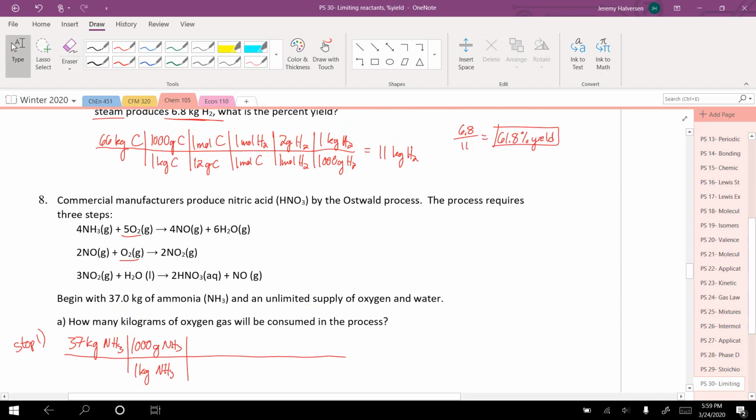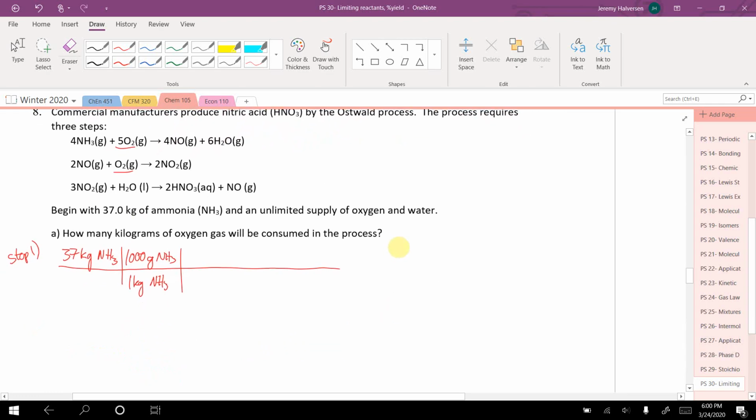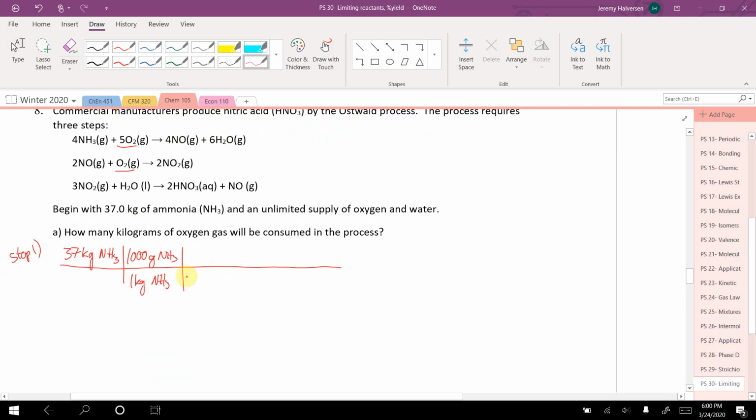Now, some of you might have noticed that a lot of this time we're converting from kilograms into grams and then back into kilograms on the back end of the problem, and those things just cancel each other out. So if you recognize that and you want to take a shortcut, go for it, but I'm going to write the whole thing out.